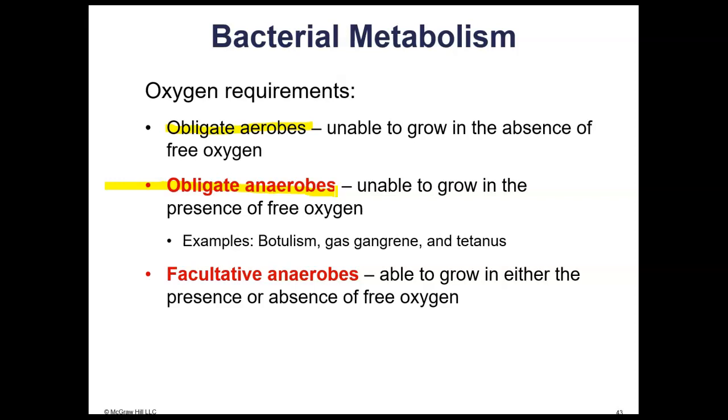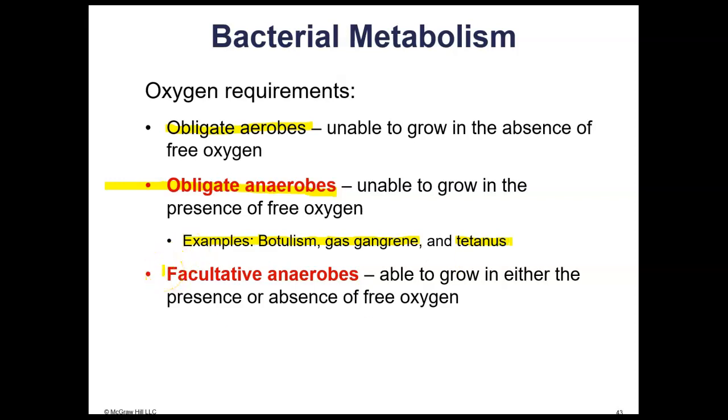Oxygen actually kills them. Examples are the bacteria that cause botulism, called Clostridium botulinum, the bacterium that causes gas gangrene, and the bacterium that causes tetanus, which is another Clostridium, Clostridium tetani. So these are obligate anaerobes. That means oxygen will kill them.